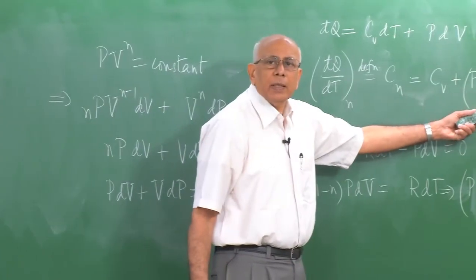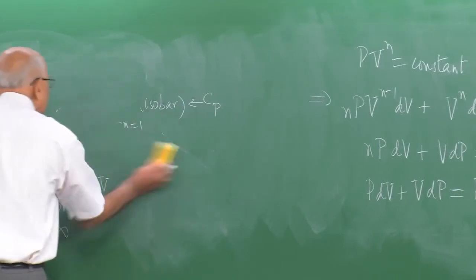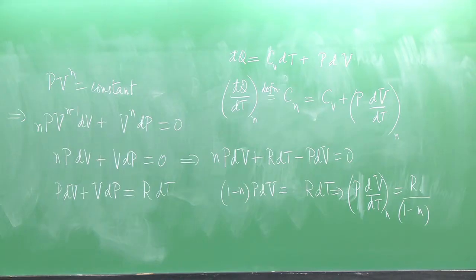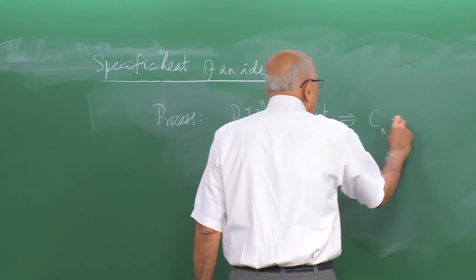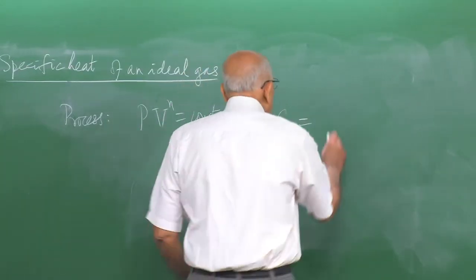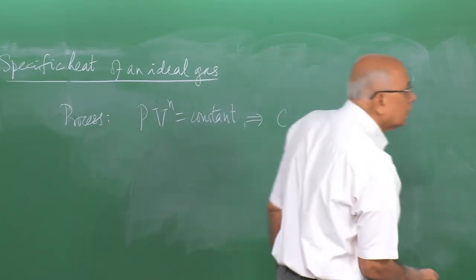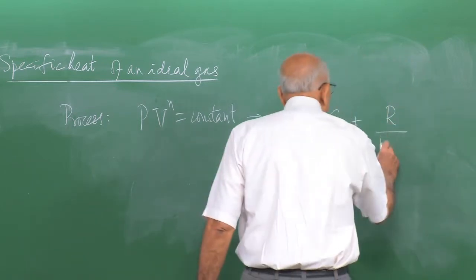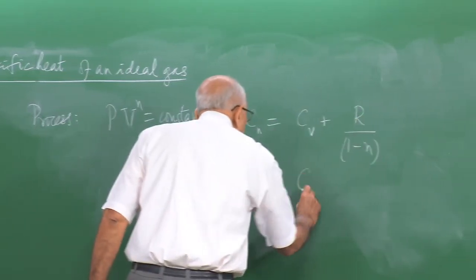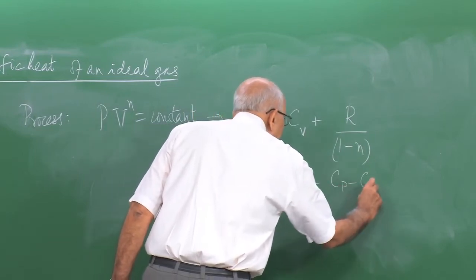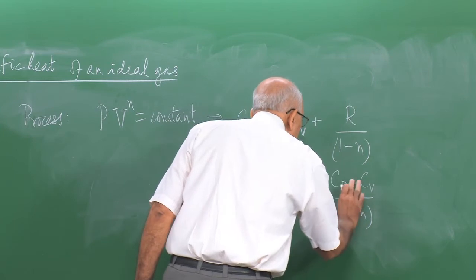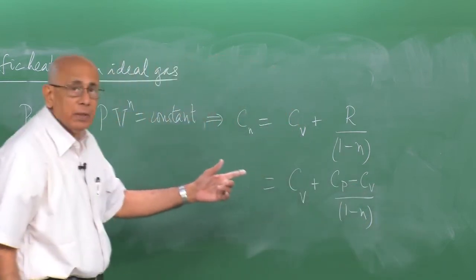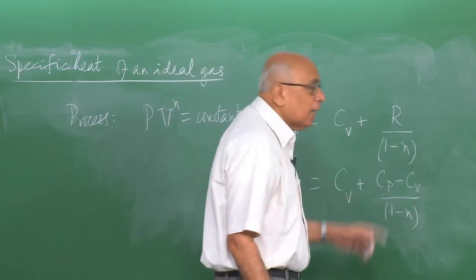So that is all we got to put in here, and then the problem is solved. So Cn for such a process is equal to Cv plus R divided by 1 minus n, but this is the same as Cv plus Cp minus Cv divided by 1 minus n, because Cp minus Cv is R for a mole of ideal gas and Cp is gamma times Cv.